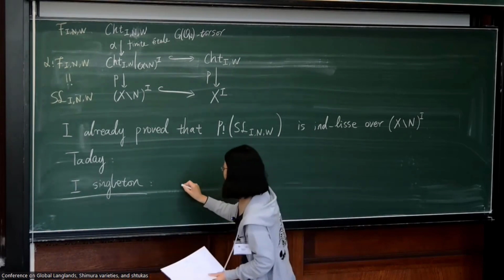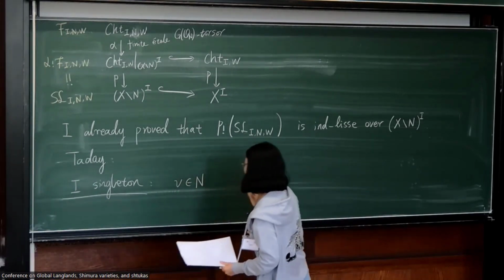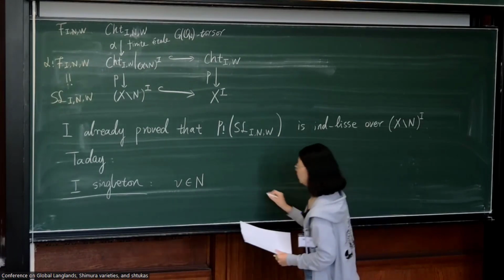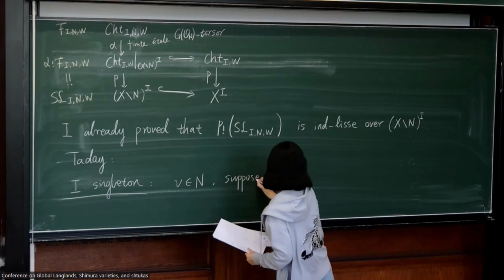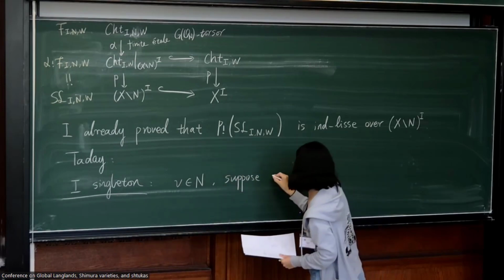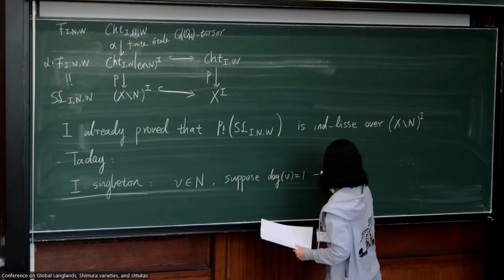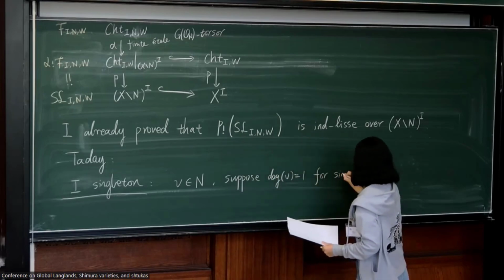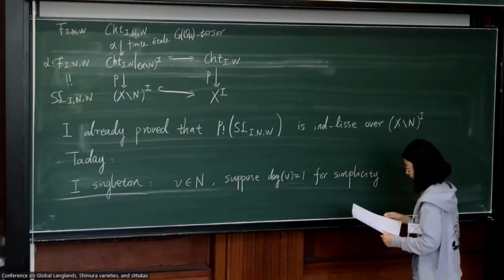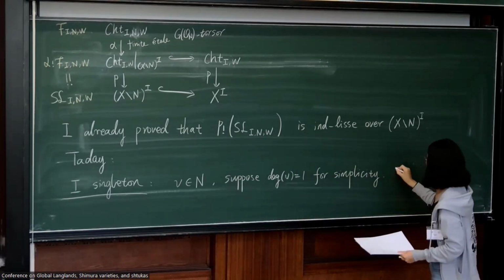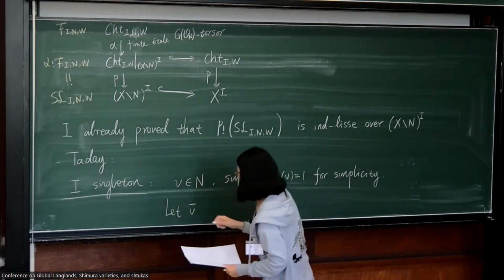So now I take a point on the level. In the talk, I suppose it's of degree 1 for simplicity. So we take a geometric point over this.